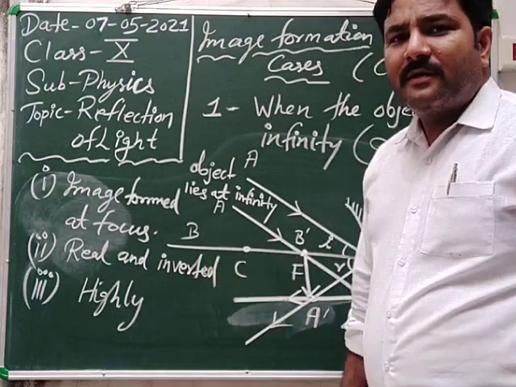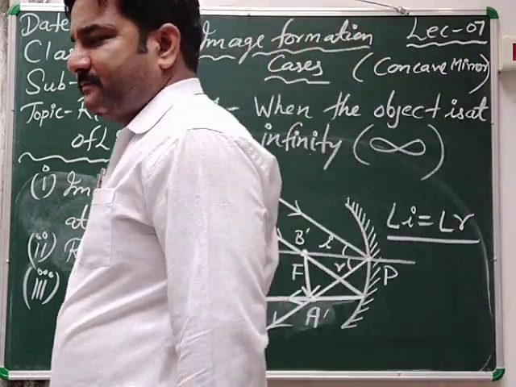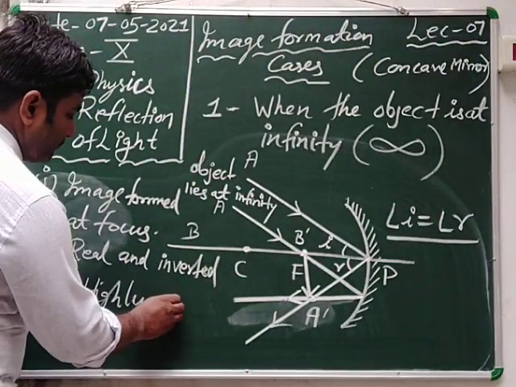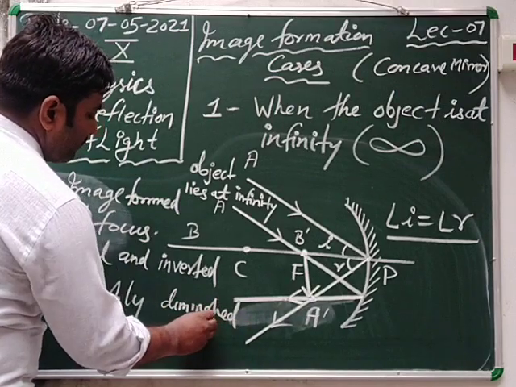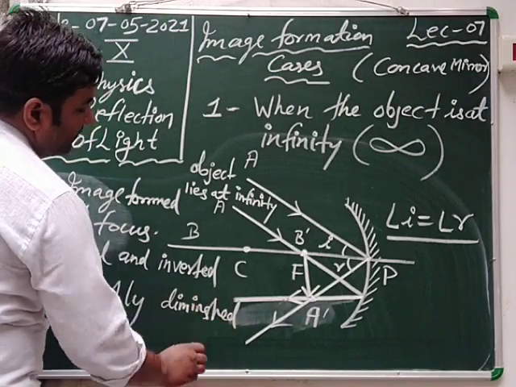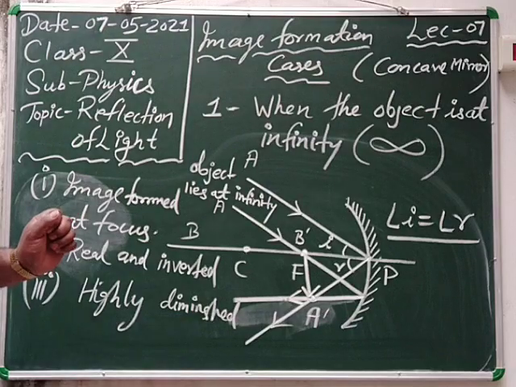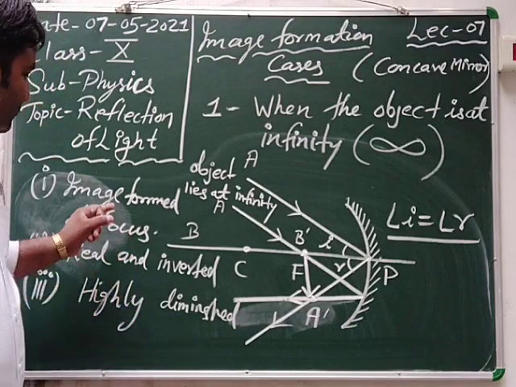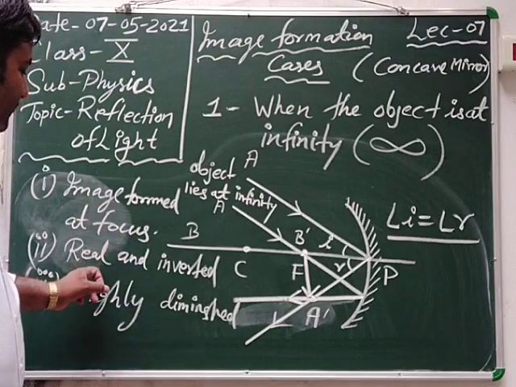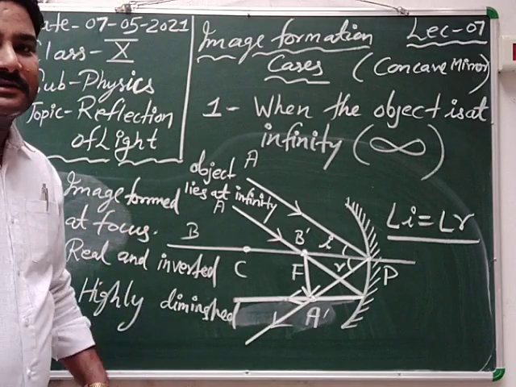So we will write highly diminished. Clear? The three points about the image: formed at focus, real and inverted, and highly diminished.